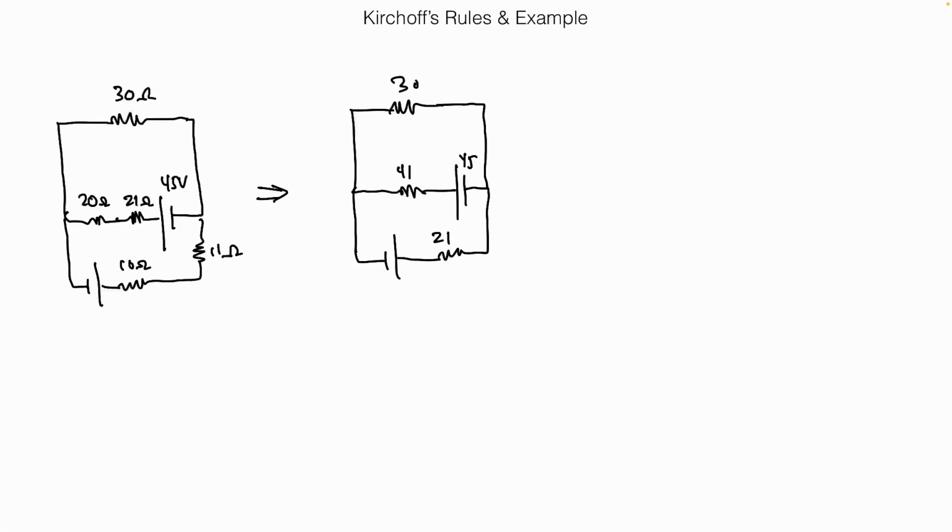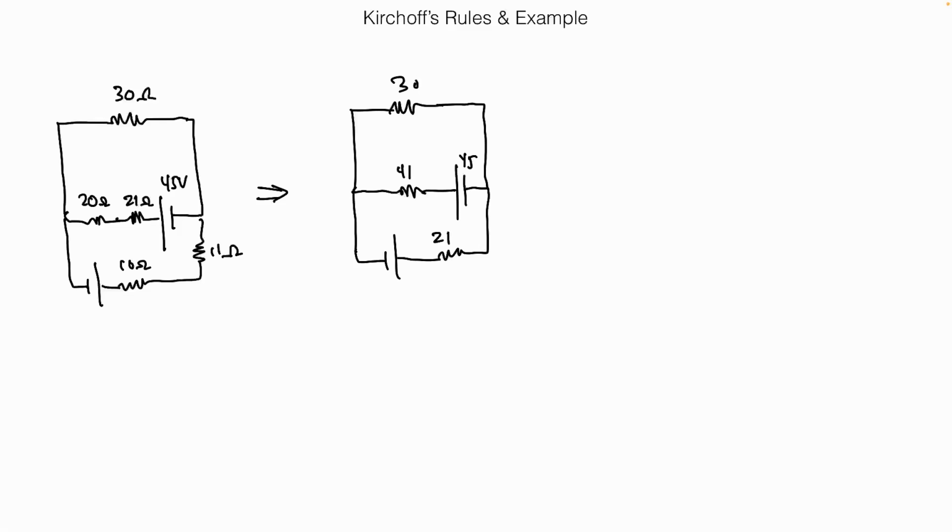Now what? Are there any other combinations? We got to get down to the simplest circuit we can, right? Are the 41 and 30 in parallel? I mean, yeah, there's a junction between them, right?